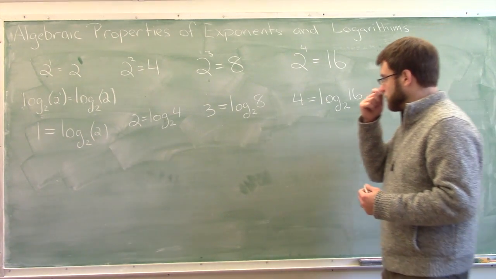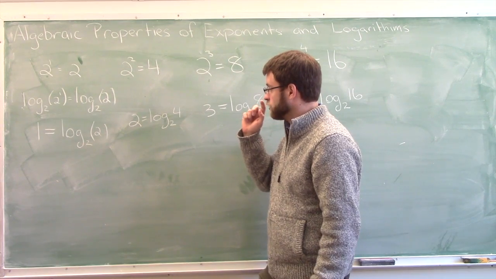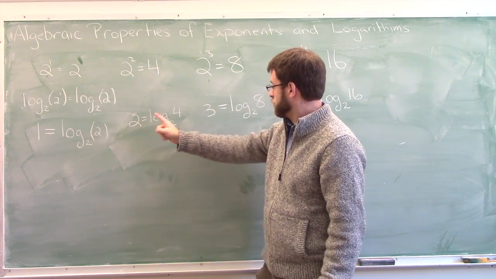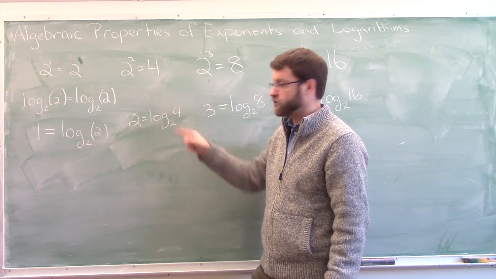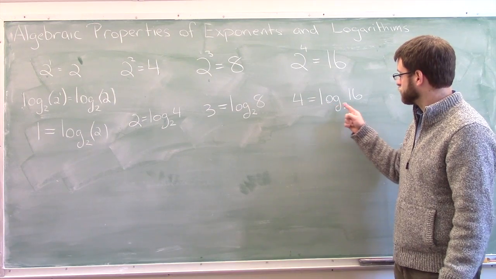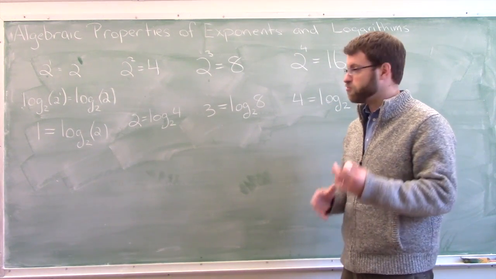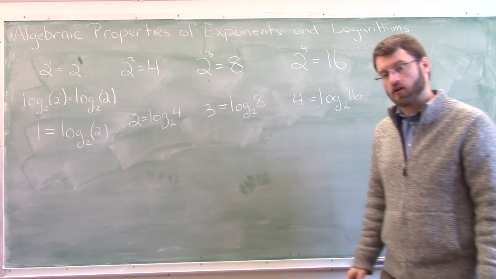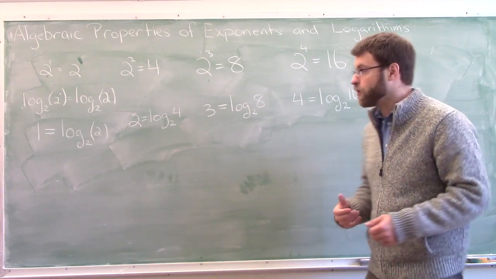So if I take, for example, this equation, 2 is equal to log base 2 of 4, and here I have 4 is equal to log base 2 of 16, let's write an equation that we can use to mix and match the different logarithms involved here and see if we can pull out any patterns from those.